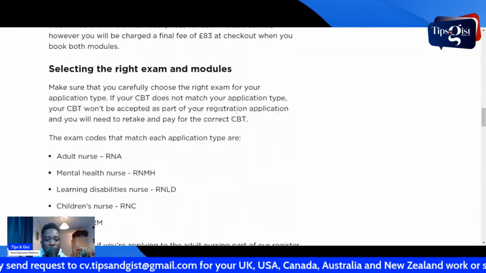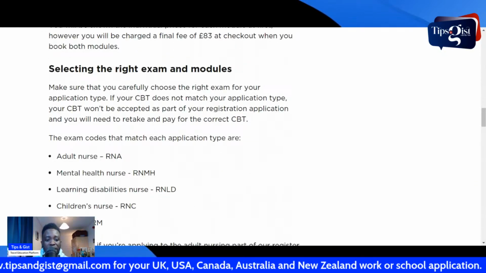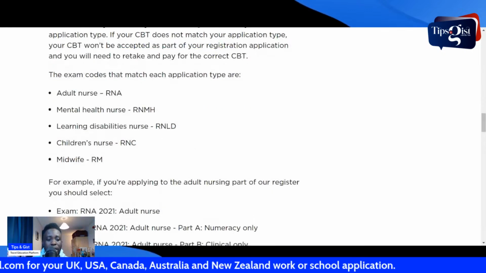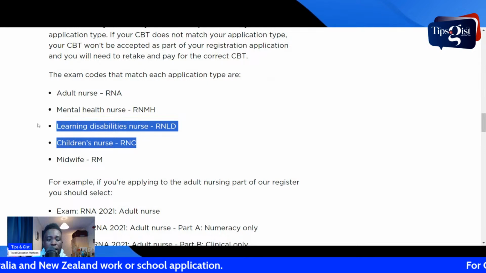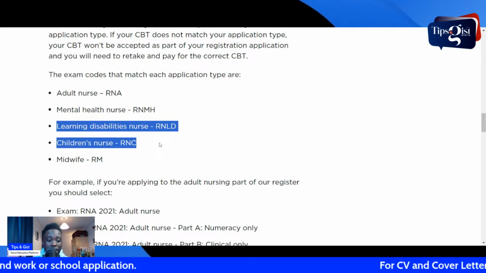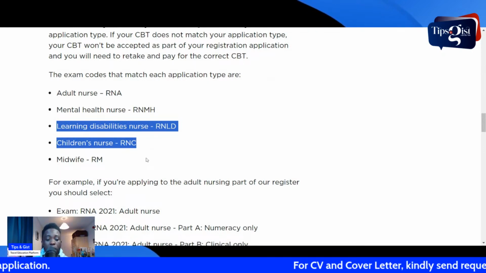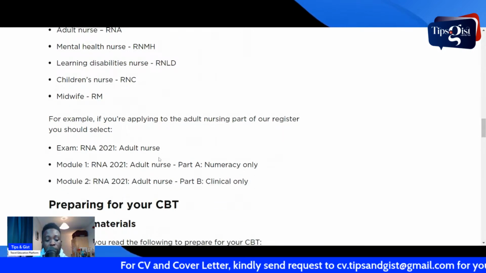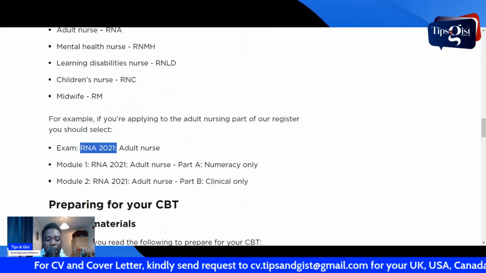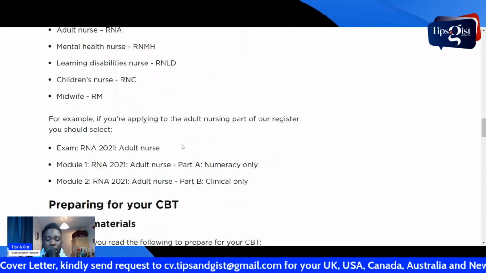All right. So when you sit for the exams, you have to note that you have to sit for the right exam module. I told you that the questions are different for RNA, mental health, learning disability, children, and midwife. I told you that they all have different codes. So for example, if you are an adult nurse, you should go and write the RNA 2021, right?